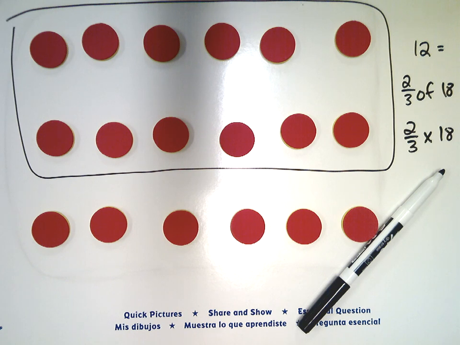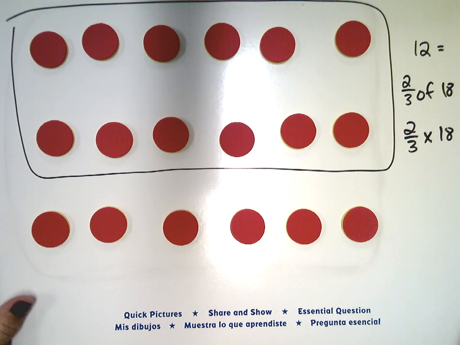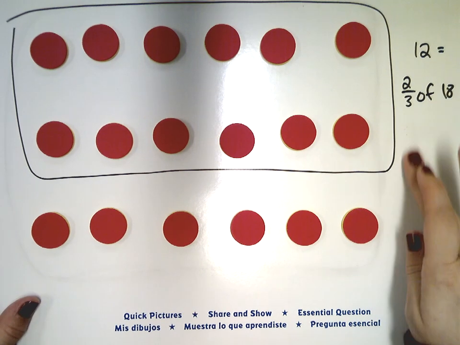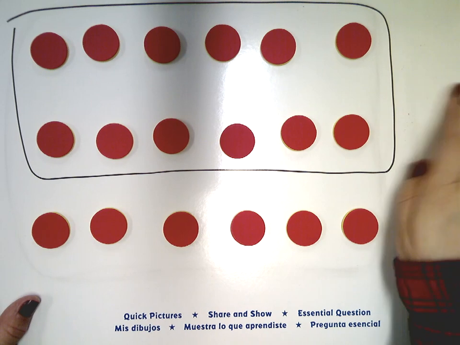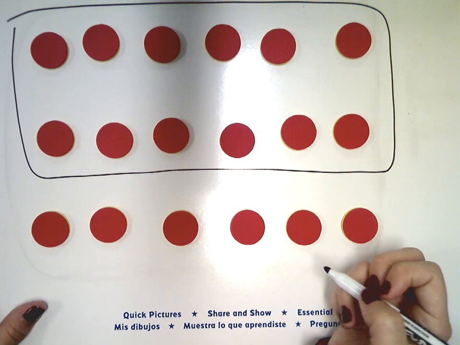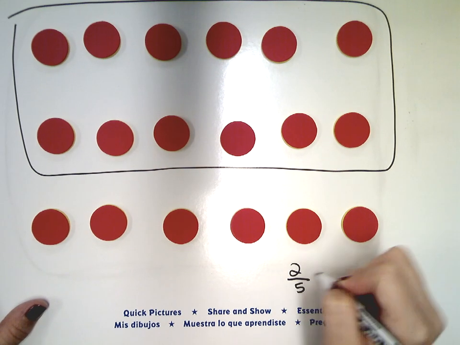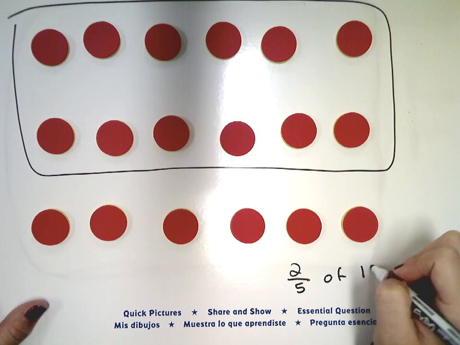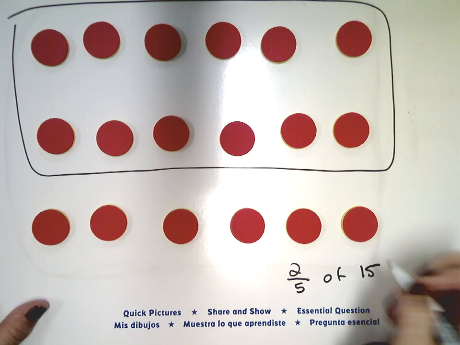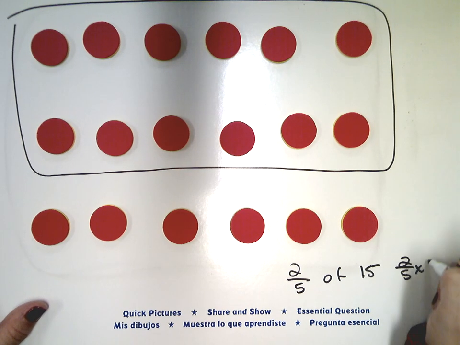So let's do number 3. So I need 15 now instead of 18. So I need to have 2/5 of 15 or 2/5 times 15.